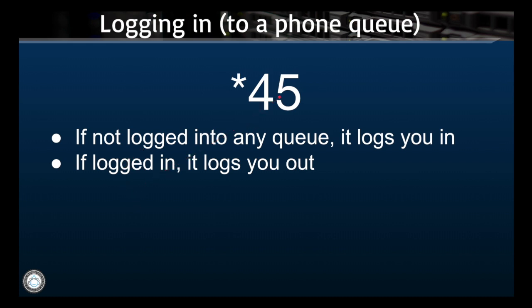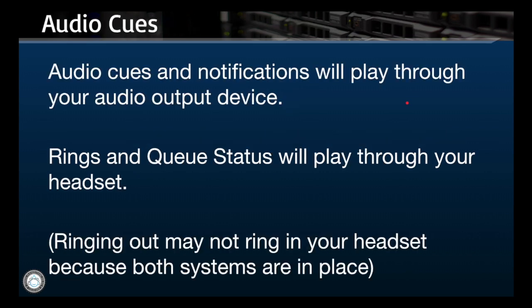All of that's going to come out through the headset, speaker, whatever you've configured your system for. If you need to log into a specific queue in addition to your regular queues, you can type *45 and then the queue number. No spaces, no nothing, just *45 and the 4-digit number that is the new queue. That will put you into that queue as well.